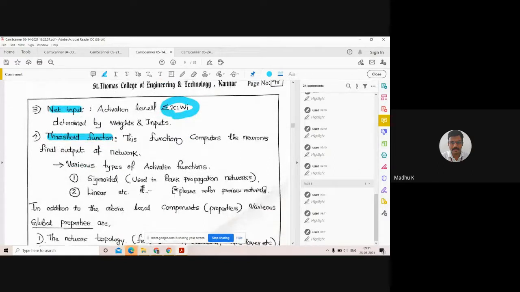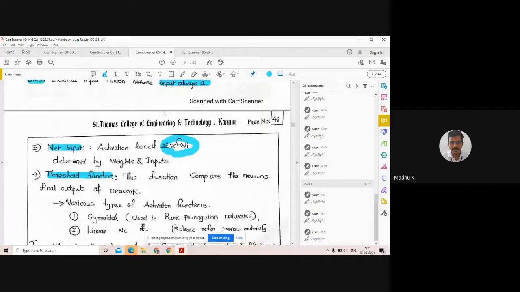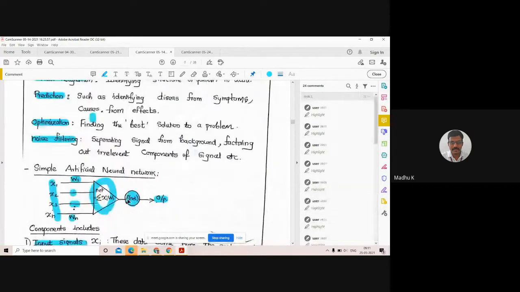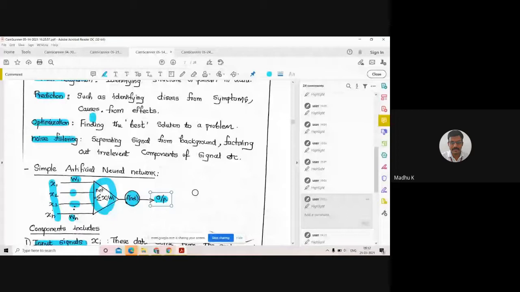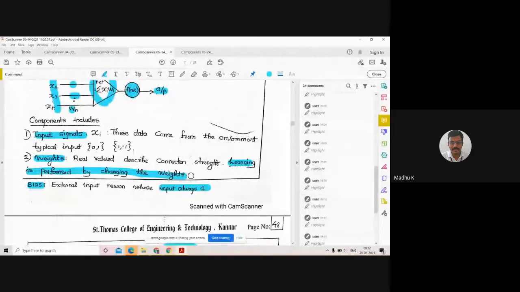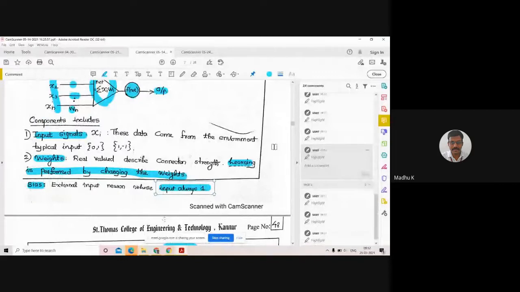This neuron calculates the net input coming to the neuron, then applies an activation function over it to get the final output. In the previous semester you already studied this, that's why I'm going fast.